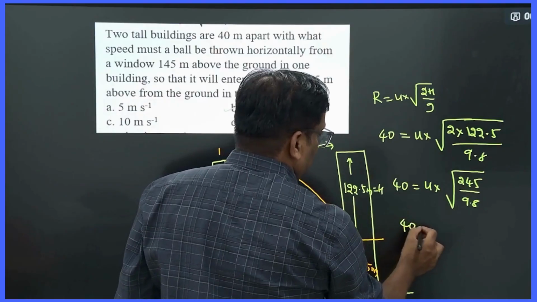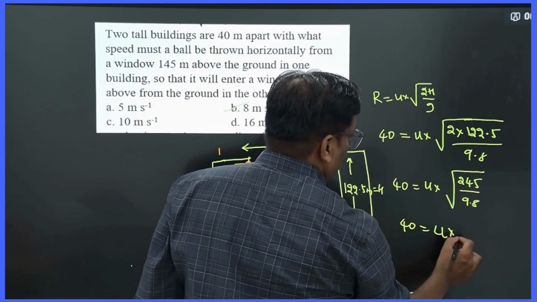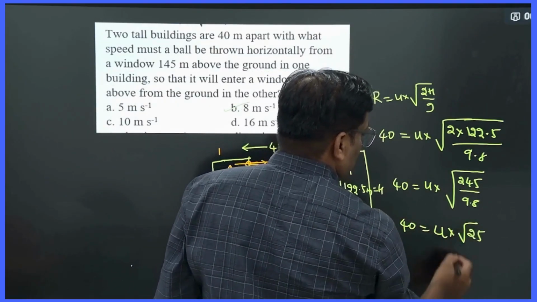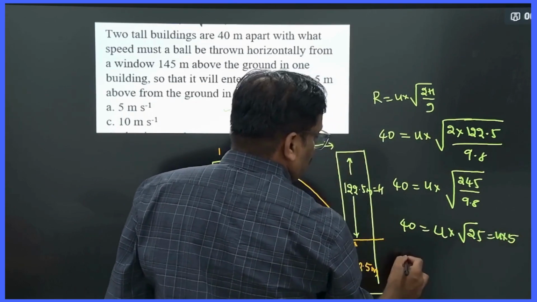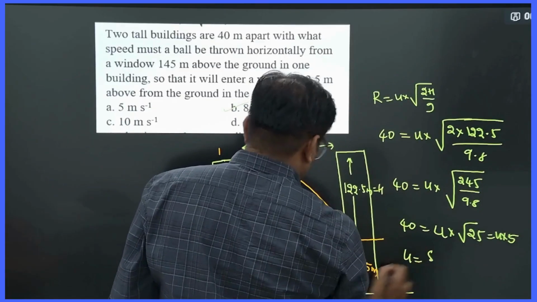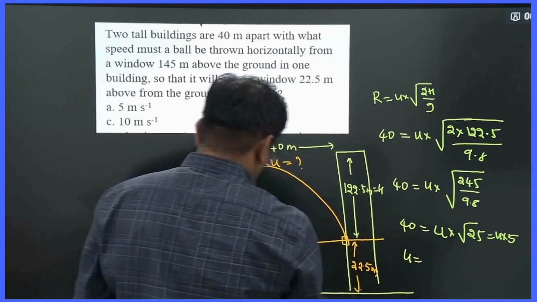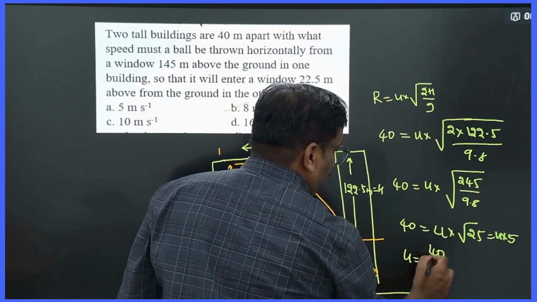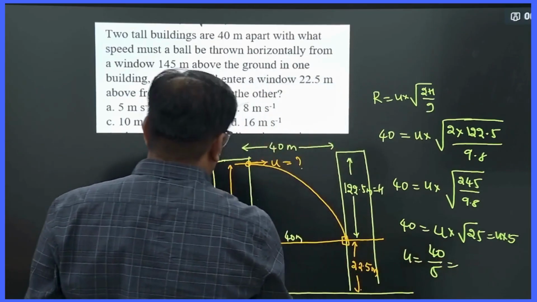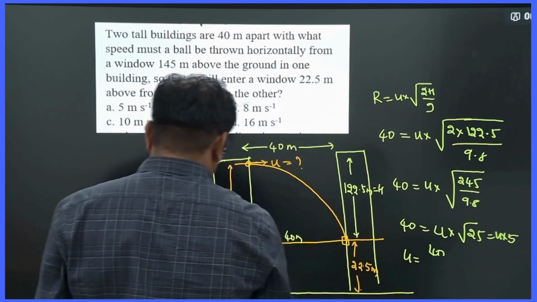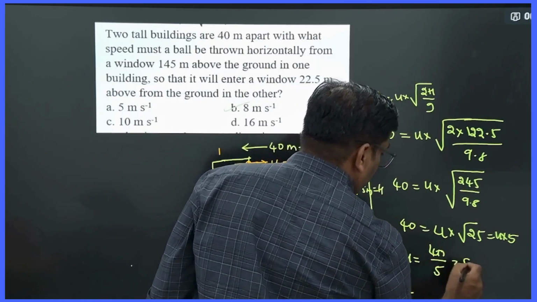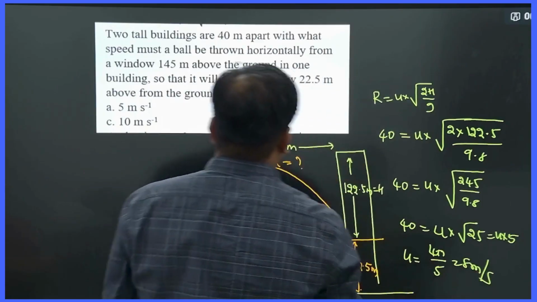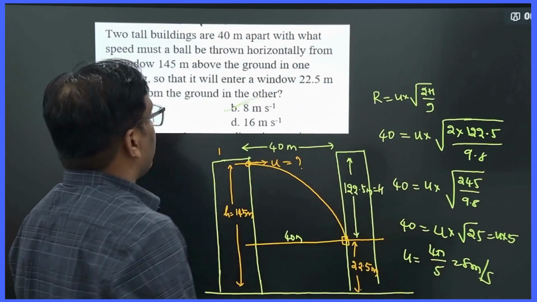So u into root 25, and root 25 is nothing but 5. Therefore u is equal to 40 by 5, which is 8 meters per second. 8 meters per second will be your correct answer.